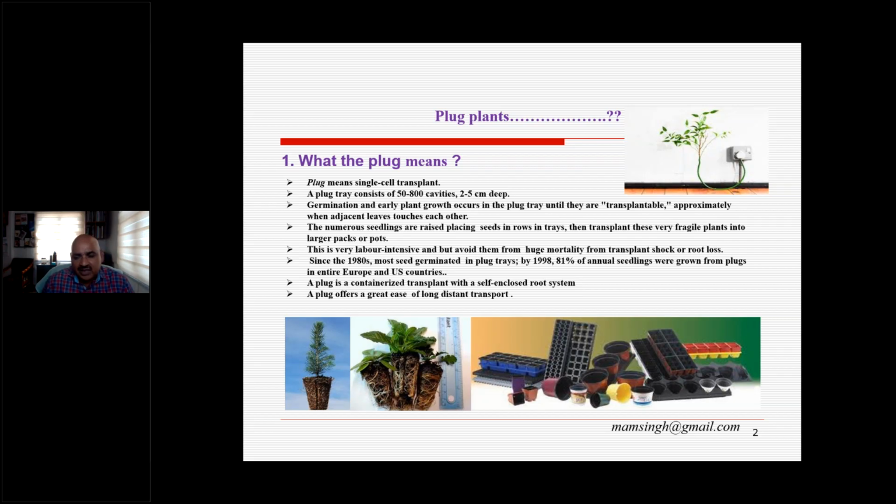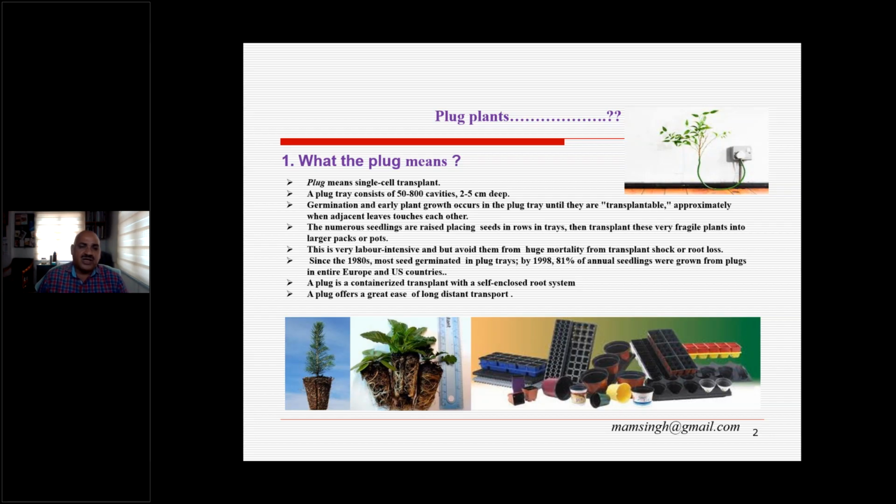Normally this high-tech nursery raising technology comes with numerous types of containers, their sizes and shapes, to facilitate the roots.